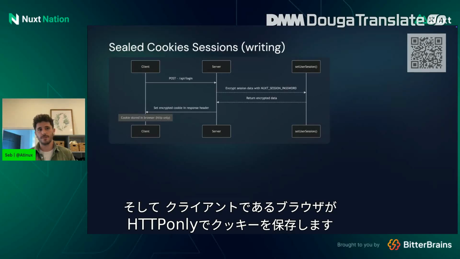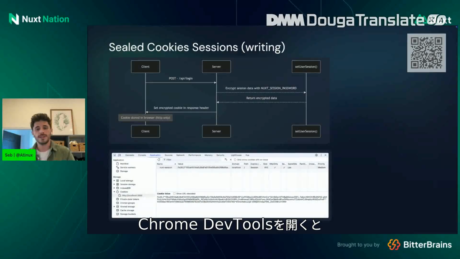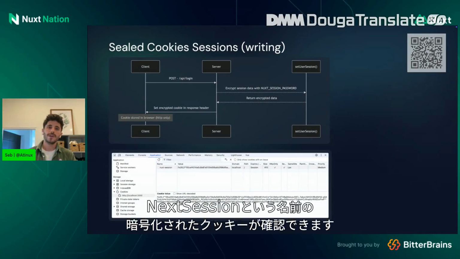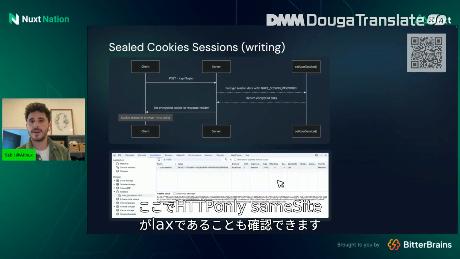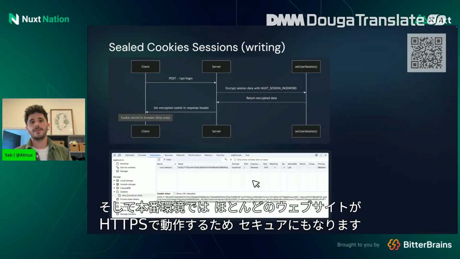And then the client, the browser, will store the cookie as HTTP only. By opening the Chrome DevTools, we can see our sealed cookie with the nuxt-session name. We can also see here that it's HTTP only, SameSite Lax, and in production, as most websites run with HTTPS, it's also secure.